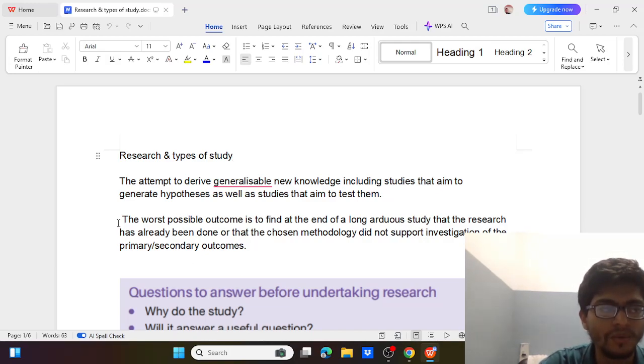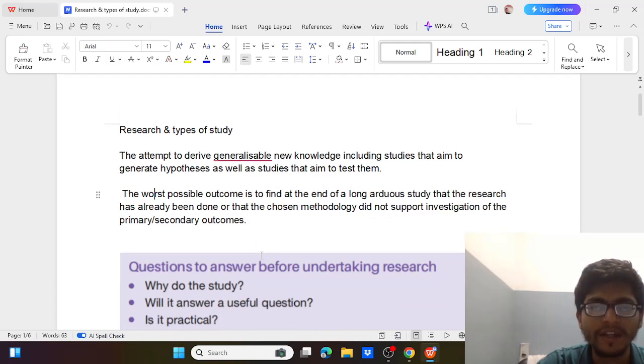So to understand in English, the worst possible outcome of research is to find out at the end of a long arduous study that the research has already been done and that the chosen methodology did not support investigation of the primary or secondary outcome.